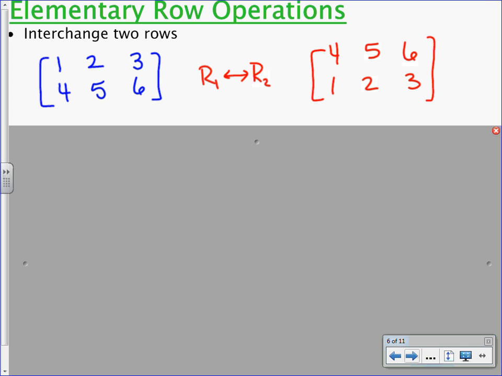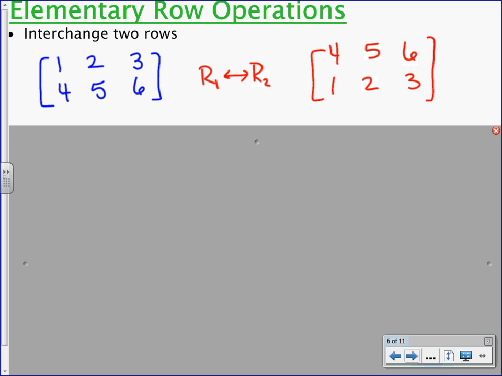As long as the entire row stays together, we can go ahead and switch rows. If we think of systems of equations, that's kind of the same thing as writing one equation first and the other one second, and vice versa. It doesn't matter which one we write down on our paper first. So we can switch the rows.